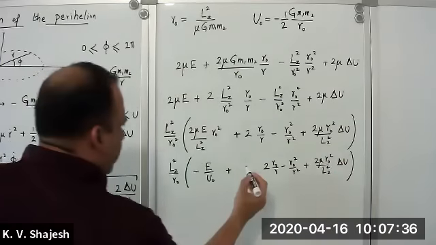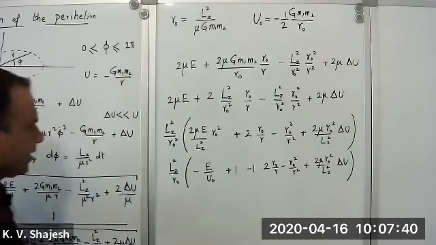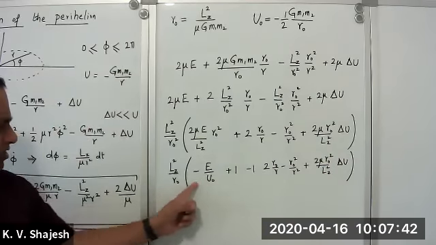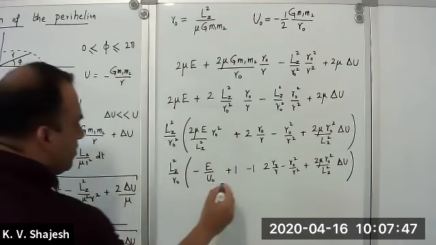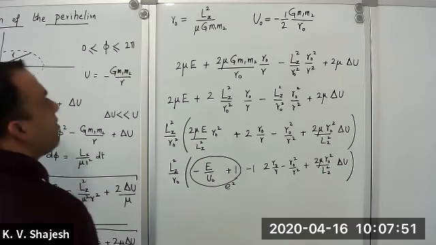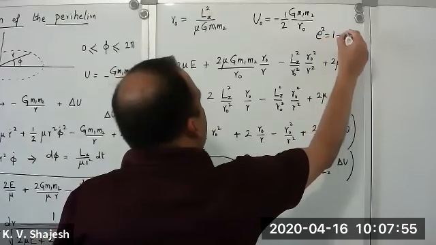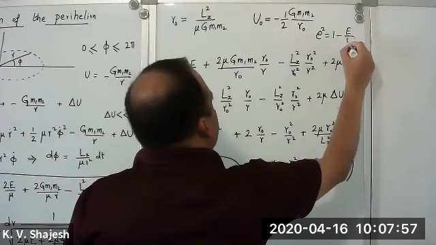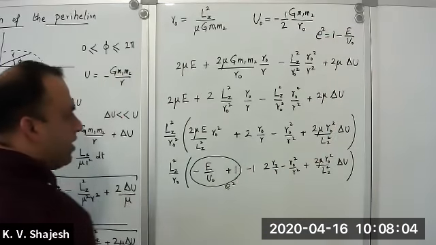Let me put a minus 1 here and a plus 1. And if you remember, this was nothing but the definition of eccentricity. This is eccentricity, e square. Maybe I should write that down here. e square was 1 minus E over U naught. Okay, just rearranging stuff. And this is 1 minus R naught squared.